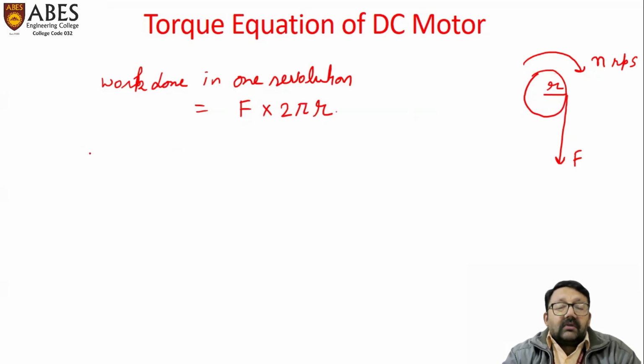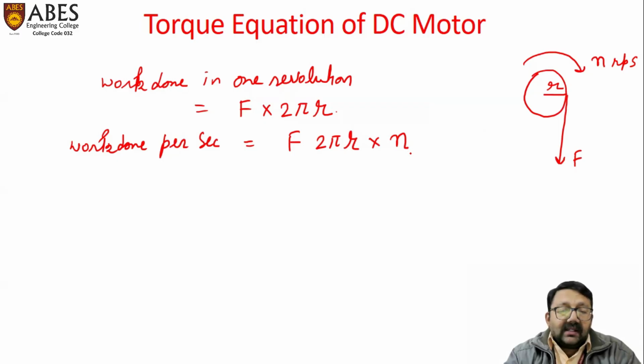Now, the work done on this wheel per second can be calculated as work done in one revolution, that is F into 2 pi r, multiplied by n, where n is the speed of this wheel in revolutions per second.